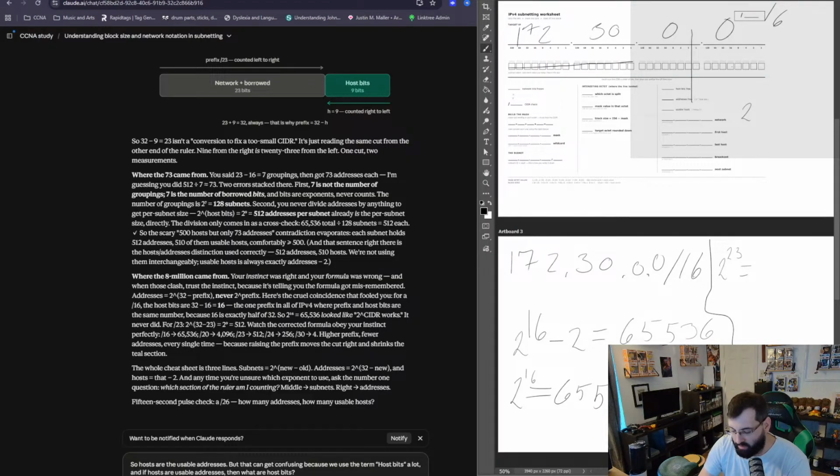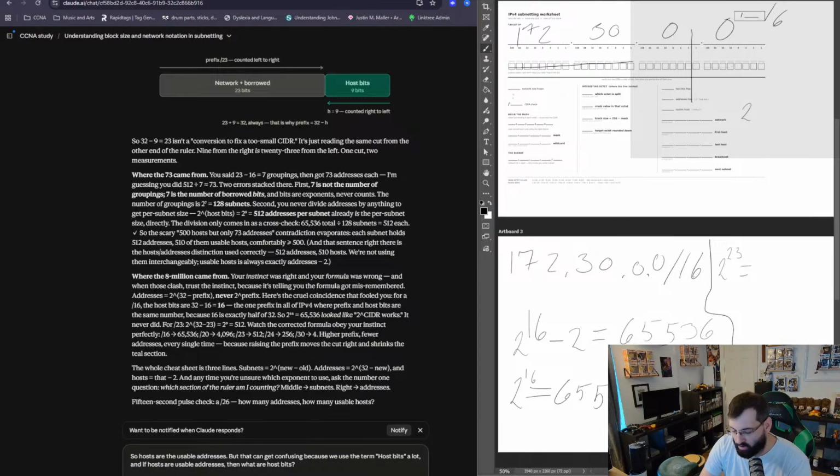To find the addresses of 172.30.0.0/16, you take the slash number, in this case it is /16, and use it as the power of 2.